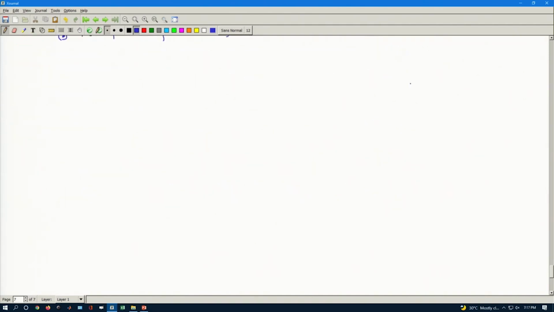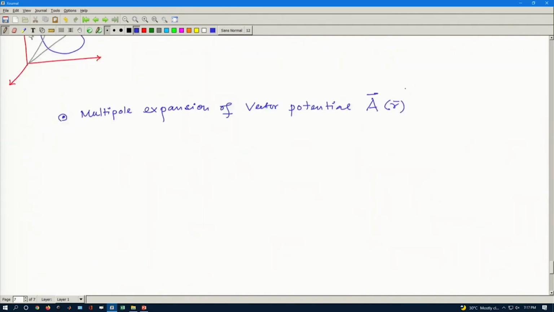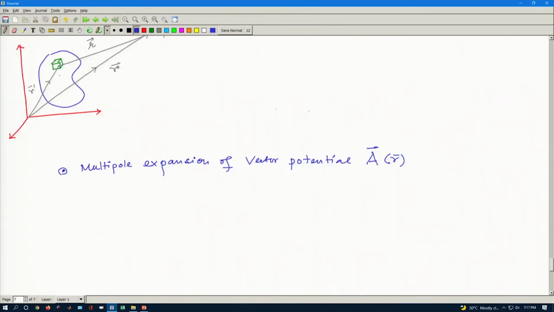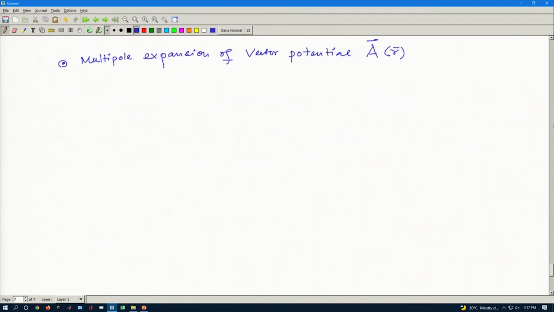Here we will do the similar thing and see what happens. In that case there was a charge distribution, but here we will have a current loop. Let me draw the coordinate system first.